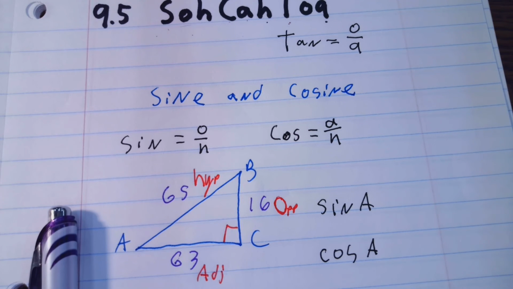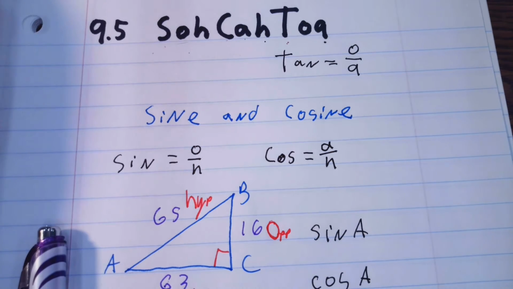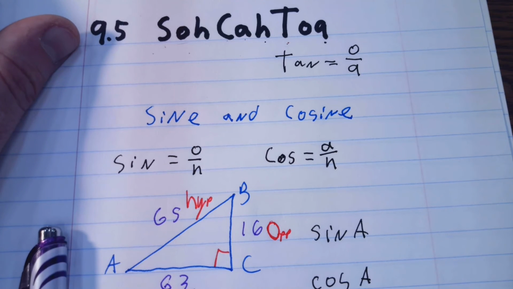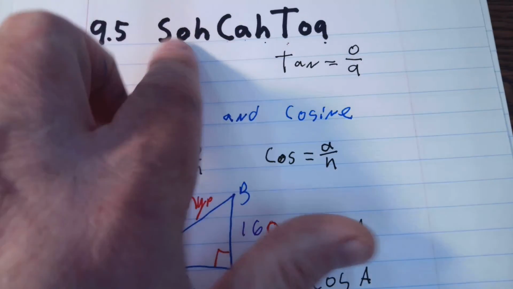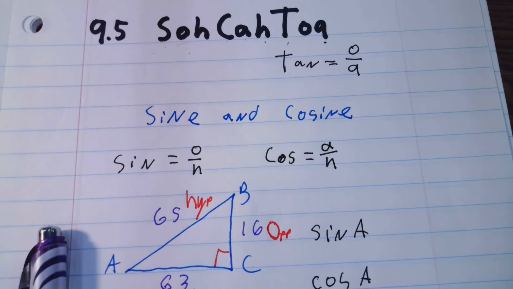So then you think SohCahToa. And if you have a hard time or mnemonic devices don't work for you, my tactic on the chapter test is that I'm going to study right before, SohCahToa, SohCahToa. Right when I get the test, I'm going to write on the top of the page, SohCahToa. That way I have it written down, because especially these two are hard to keep track of. Okay?